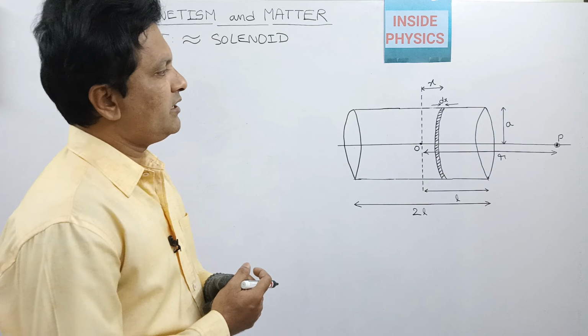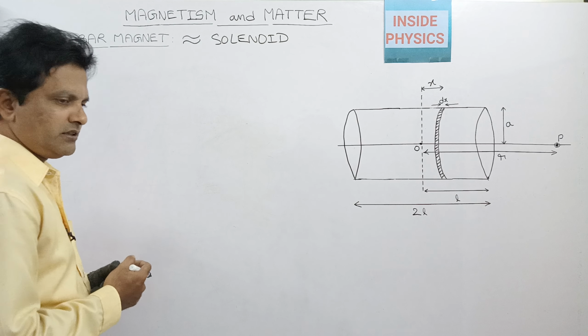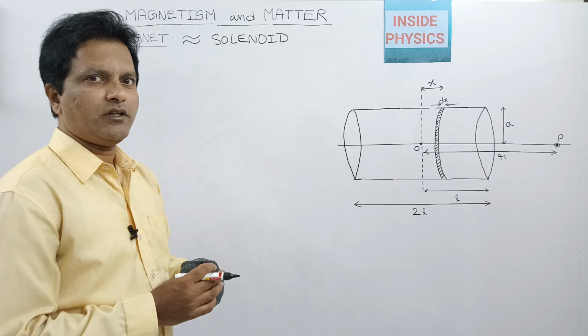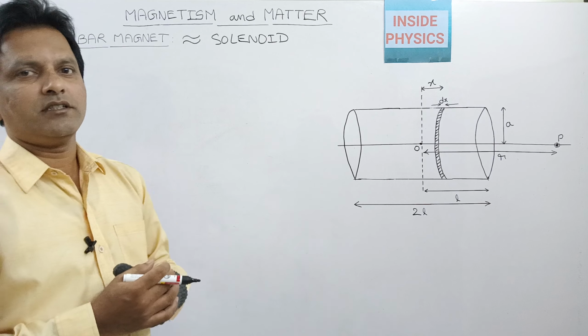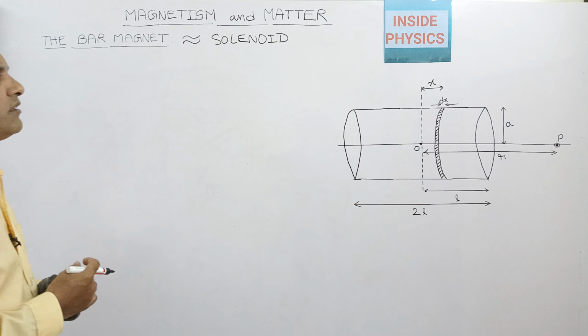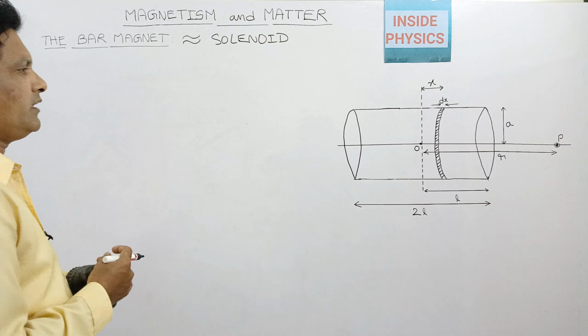At far distances, the magnetic field generated by a solenoid resembles that of a bar magnet. That's what we want to prove here.